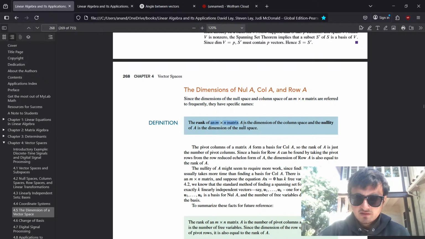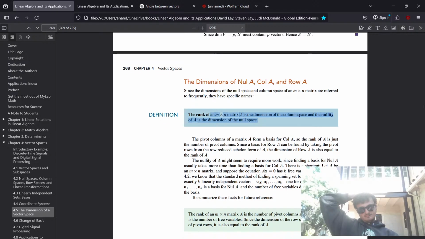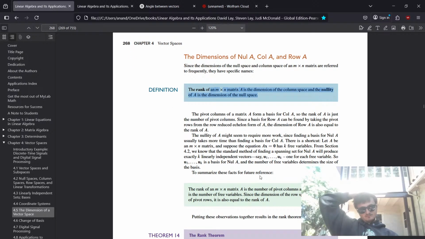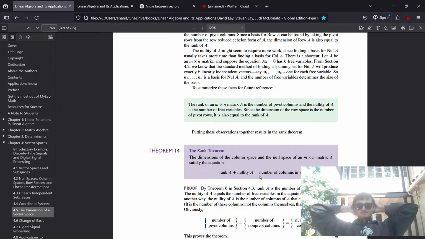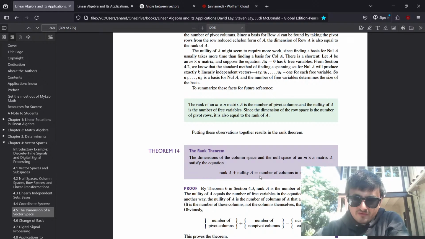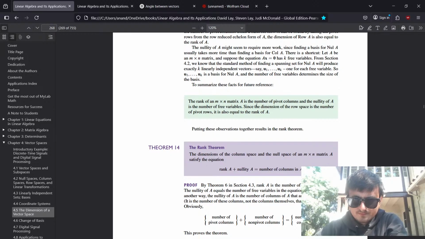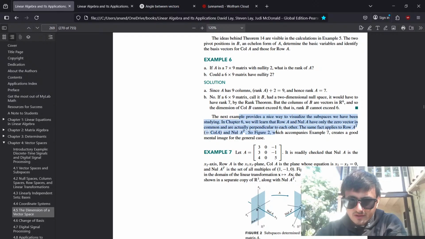The rank is the dimension of the column space. The rank of an m by n matrix A is the number of pivot columns. And the nullity of A is the number of free variables. Where do they introduce row space? Did they already do that? Okay, there.